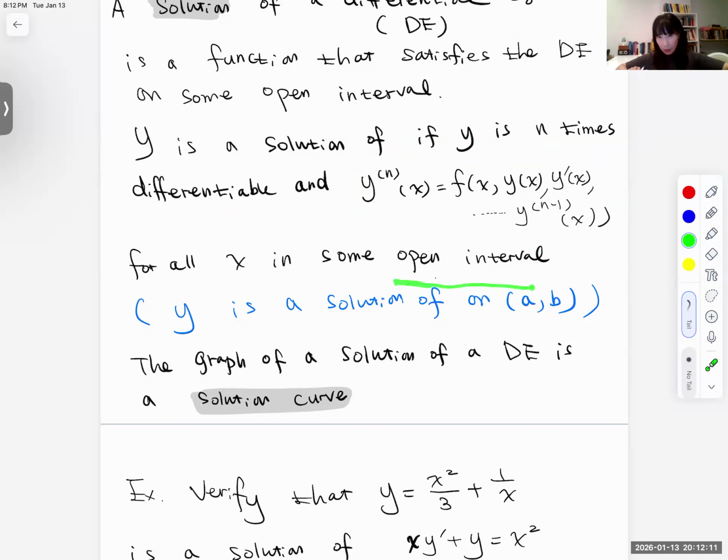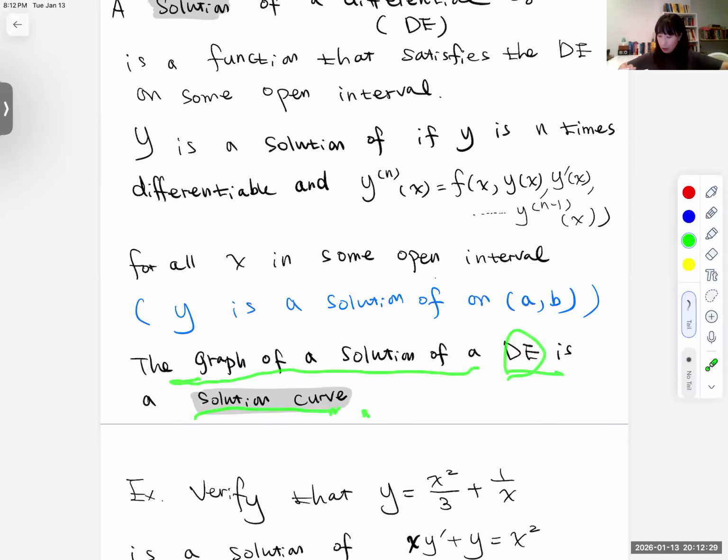Should it be an open interval? So y is the solution on an open interval. The graph of a solution of a differential equation is a solution curve.